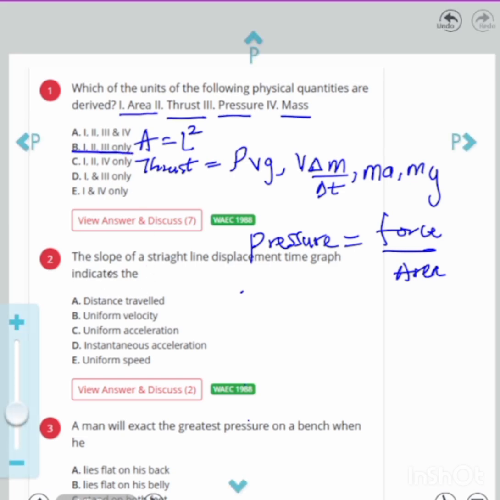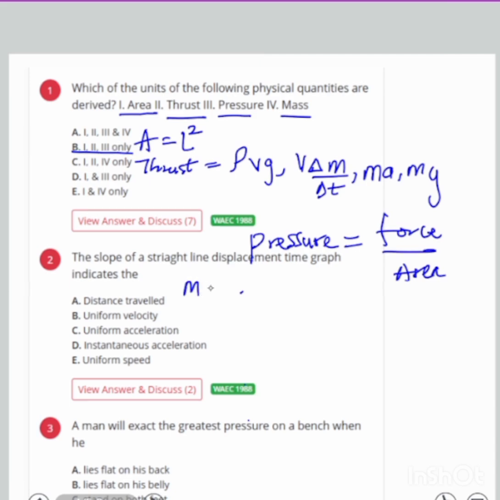All right, so the next one we want to talk about is the slope. Number two: the slope of a straight line displacement time graph indicates the dash. We all know that slope, which I'm going to be calling m, is given by the change in the vertical axis, that's change in the y section, all over change in the x section.